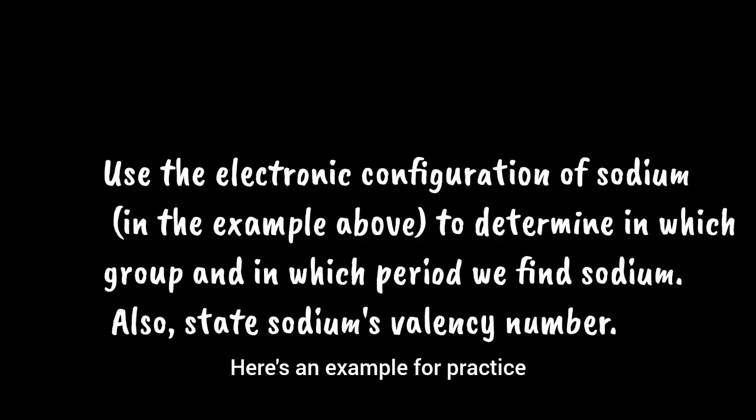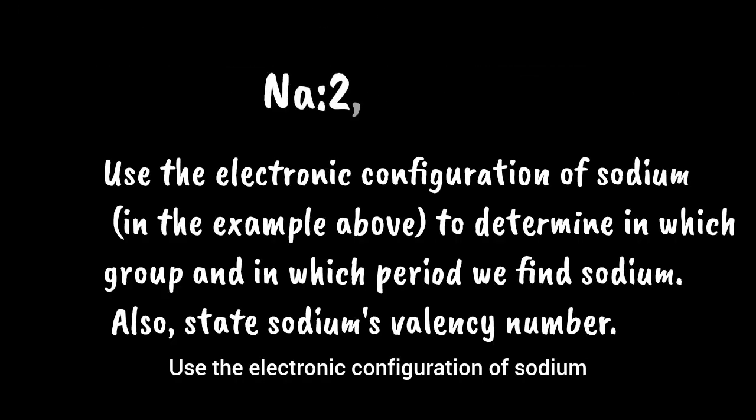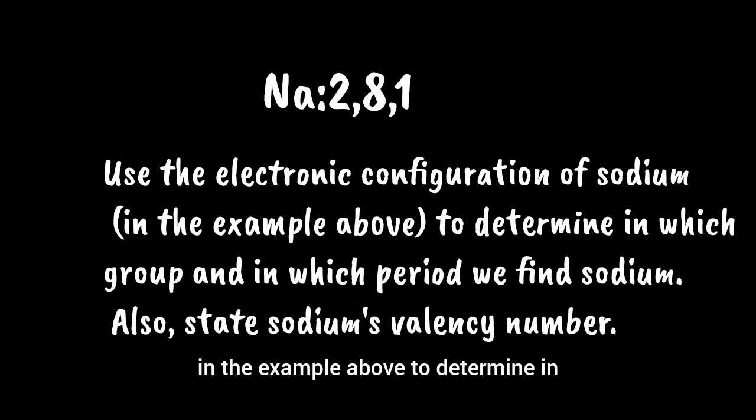Here's an example for practice. Use the electronic configuration of sodium in the example above to determine in which group and in which period we find sodium. Also state sodium's valency number. You can pause the video and find the answer. Answers.